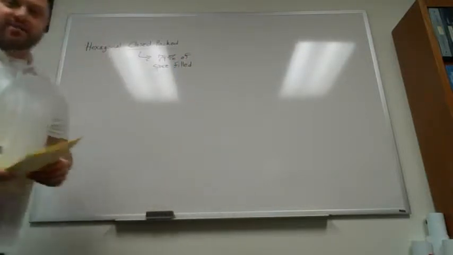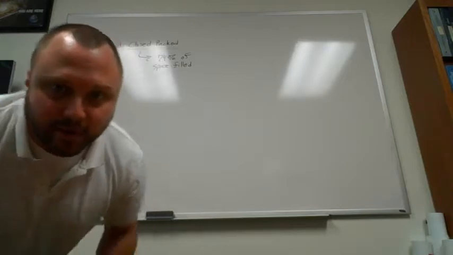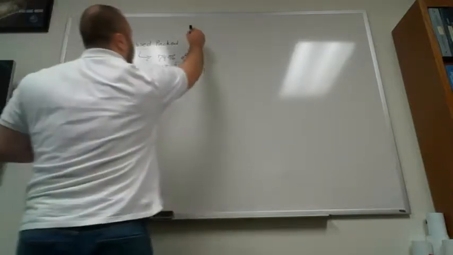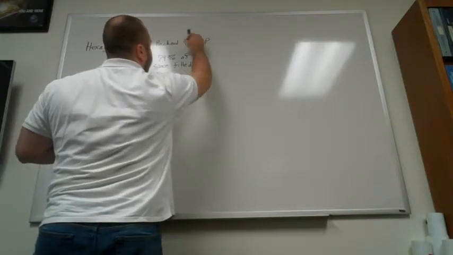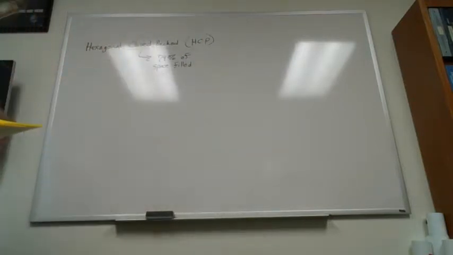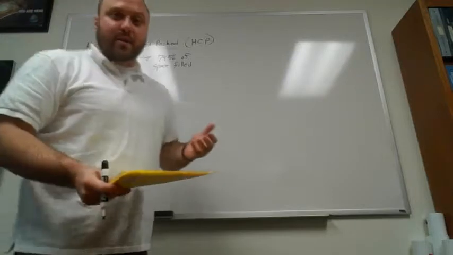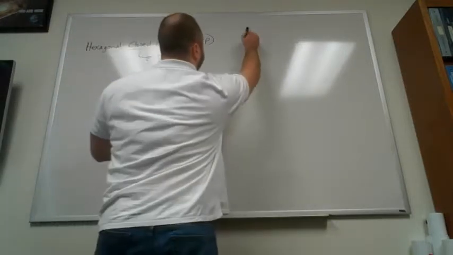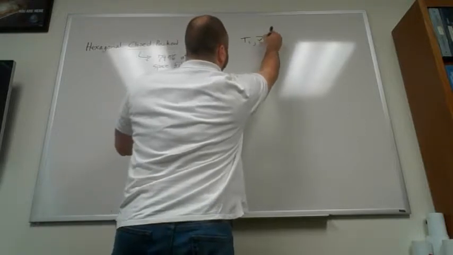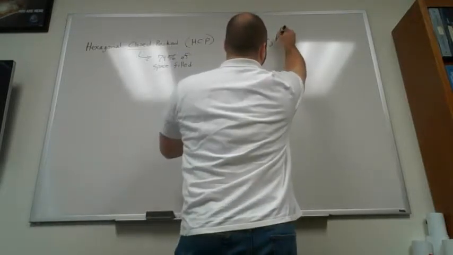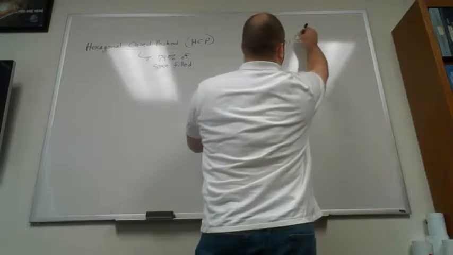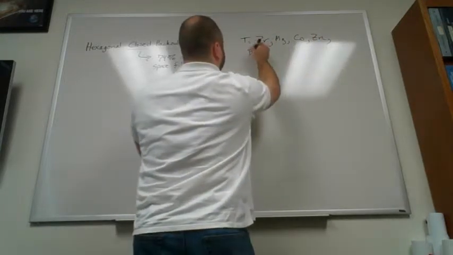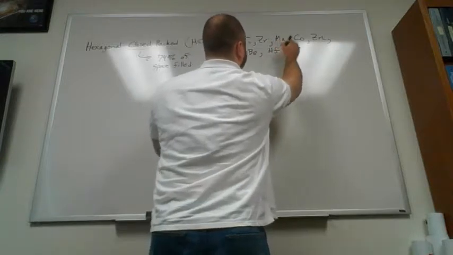Okay? And the term you're going to see for this, and I apologize if there's a bit of a glare, so again, please check your notes. This would be HCP materials. And there's lots of things that we care about as engineers where we're going to use these type of materials. So things like titanium, zirconium, magnesium, cobalt, zinc, beryllium, and hafnium.